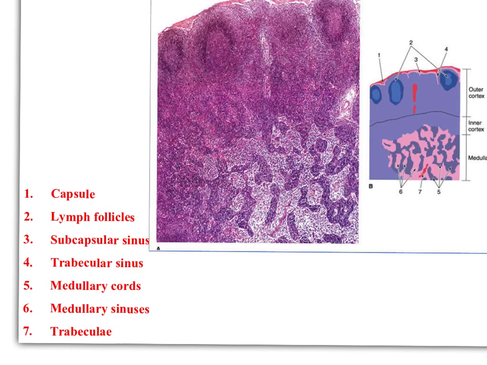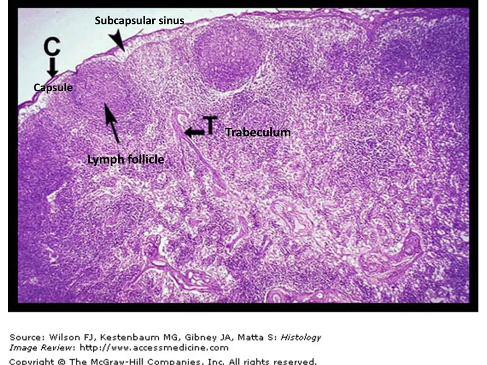Another picture also, we have here the capsule thin, and we have the subcapsular sinus, which is white, and we have the trabeculum, which is red, and the white area near the trabeculum is the trabecular sinus, and we have the lymphatic nodules.